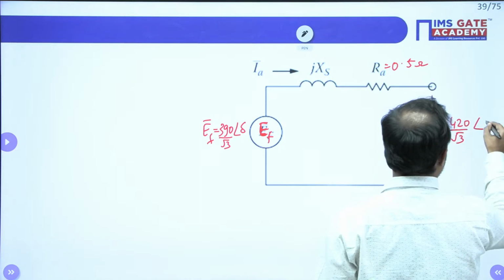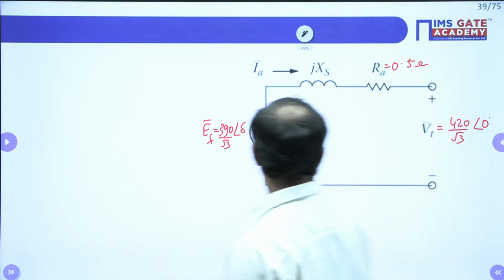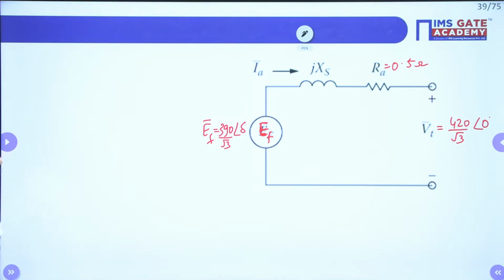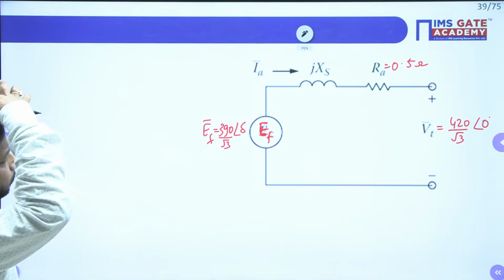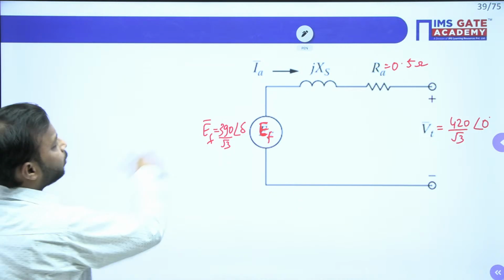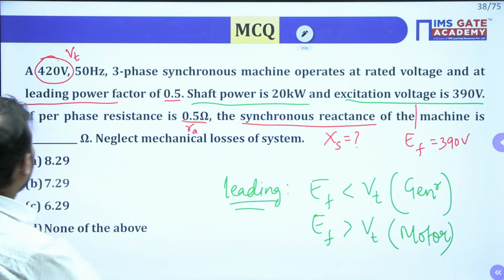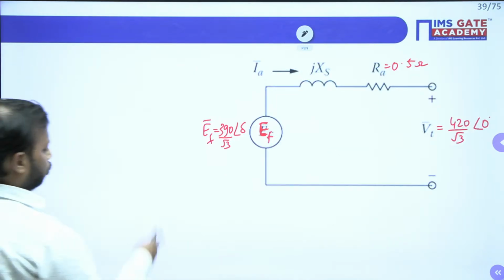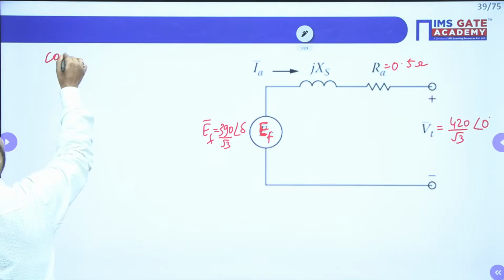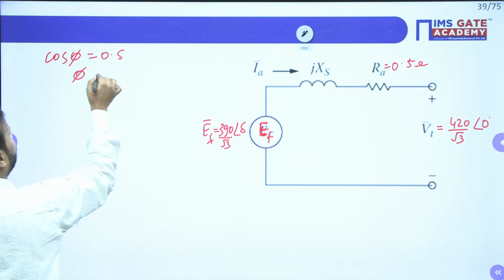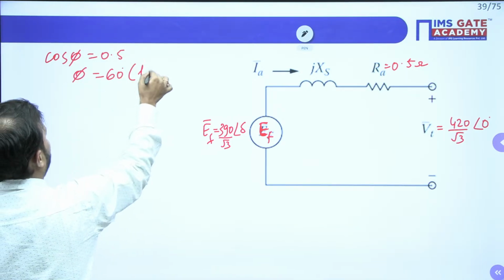Take VT as a reference. All right. So how can we find IA? IA is not given in the question, but power factor is given, which is 0.5. So cos phi is 0.5, so phi is equal to 60 degree, which is leading.